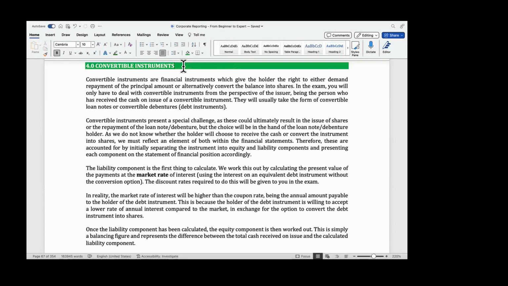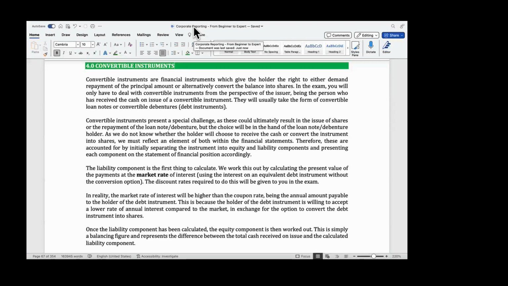And the focus is that you borrowed money, and this money you have borrowed, you now give the investor the option to convert the borrowings to shares at maturity. It has that option that they can convert it to shares.